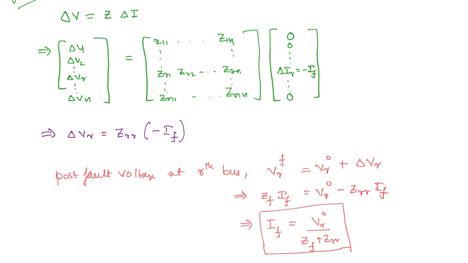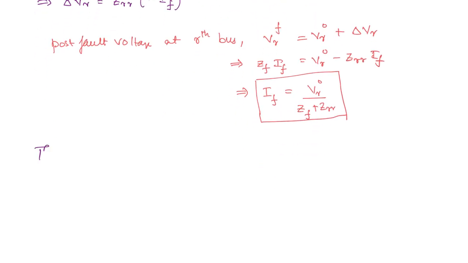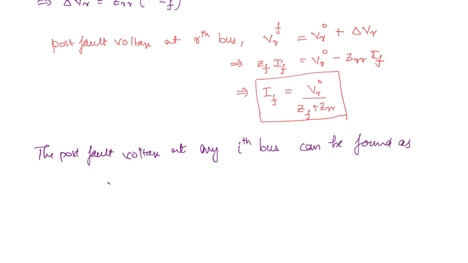Now once we have found out the fault current, we can find out the post fault voltages at each of the other buses, because the voltages are changing now. The post fault voltage at any ith bus, VIF, is equal to the pre-fault voltage plus delta VI, which is VI naught plus delta VI.